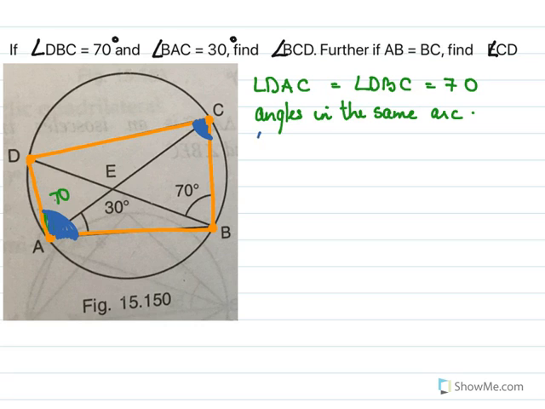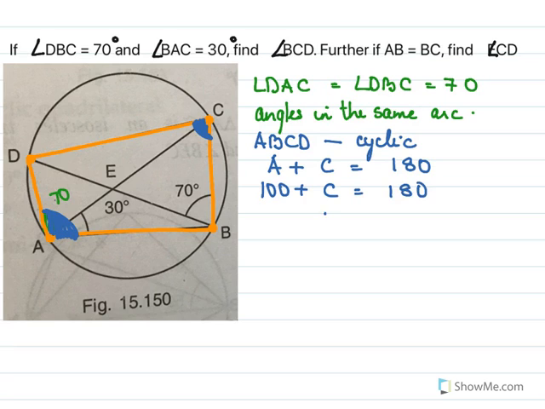So we have ABCD is cyclic, and A plus C equal to 180 because opposite angles of cyclic quadrilateral are supplementary, and we know A is 70 plus 30, so A is 100. Plus C, 180. So C will be 180 minus 100, C will be 80. So this is 80. And let's name that angle. That angle is BCD.